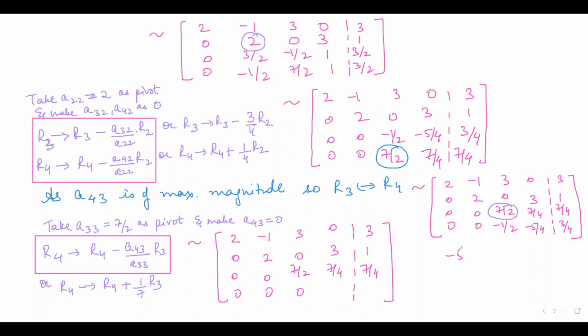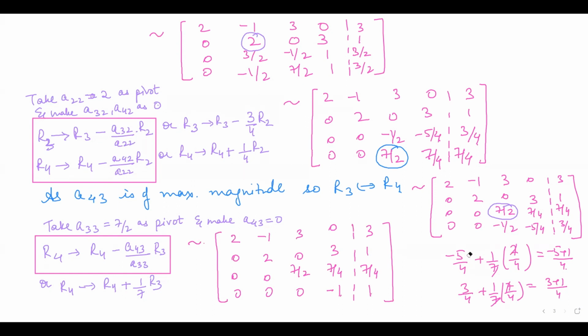So this would be minus 5 by 4 plus 1 upon 7 into 7 upon 4. So I'll be getting minus 5 plus 1, and that's minus 4 upon 4. So it becomes minus 1. Lastly, this is 3 by 4 plus 1 upon 7, and this is 7 by 4 again. So this is 3 plus 1 upon 4. So that's 1. So these are my final values.